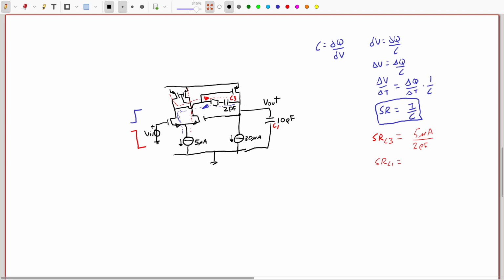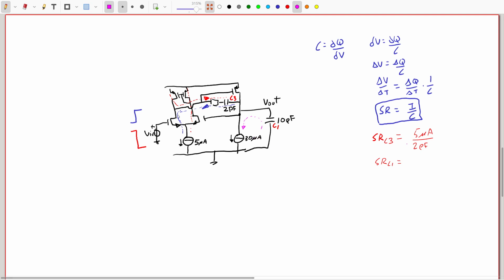But the real limiting factor here is 30 microamp. It totally limits the amount of current that is available to discharge this capacitance. So in this direction we have 30 microamp available to discharge.